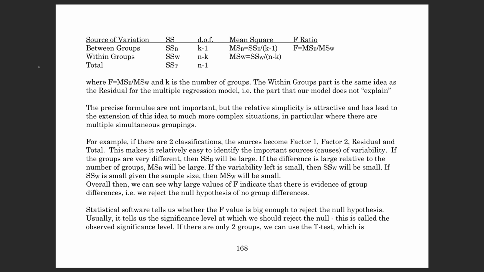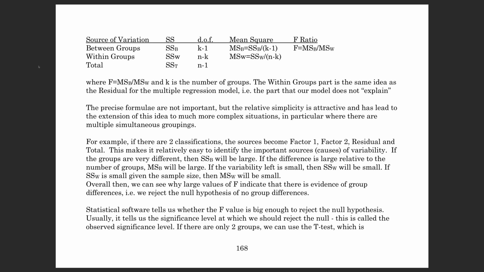In the same way as in the regression models, we calculate the mean squares, which is we scale the sums of squares by their degrees of freedom. And then lastly, we look at the F ratio, which is comparing the mean square for between groups to the mean square within groups. So the precise formulas are not too important, but the relative simplicity is attractive.